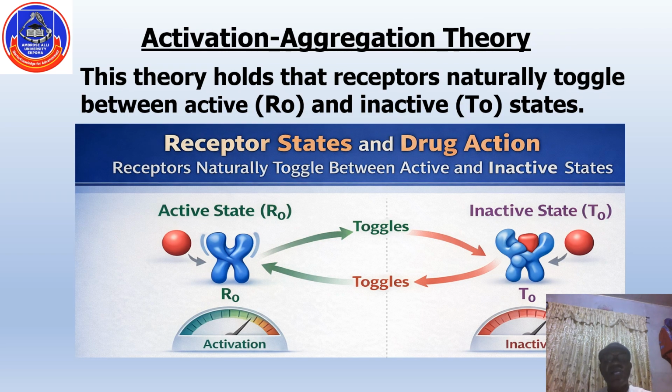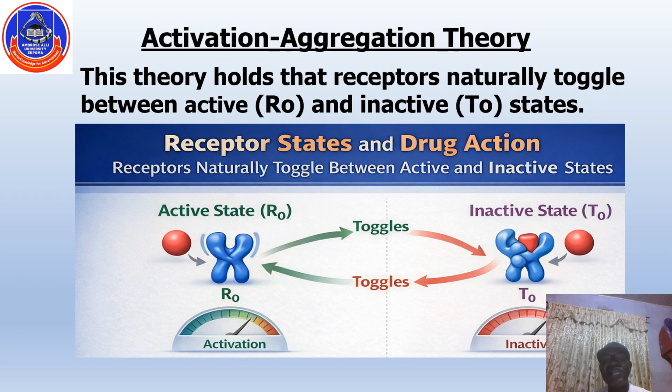Now, let's look at the activation-aggregation theory. This theory holds that receptors naturally toggle between active and inactive states. The picture you see here illustrates the two-state receptor model.